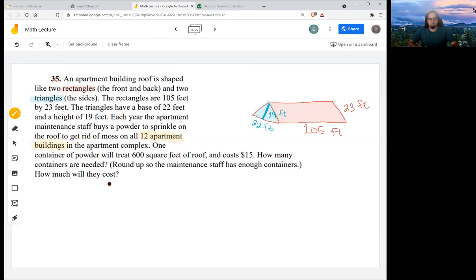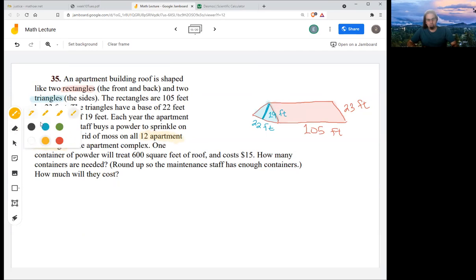One container of moss powder will treat 600 square feet of the roof and costs $15. How many containers are needed? Round up at the end. And how much will they cost? Ah, now I'm starting to see what's happening.